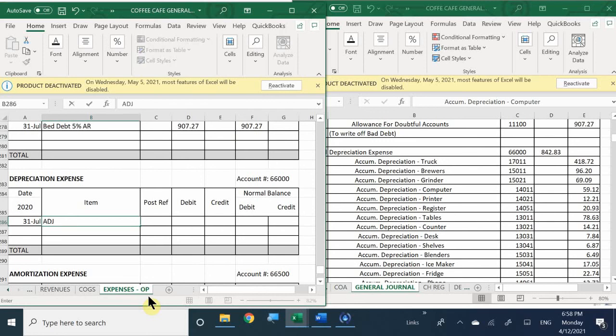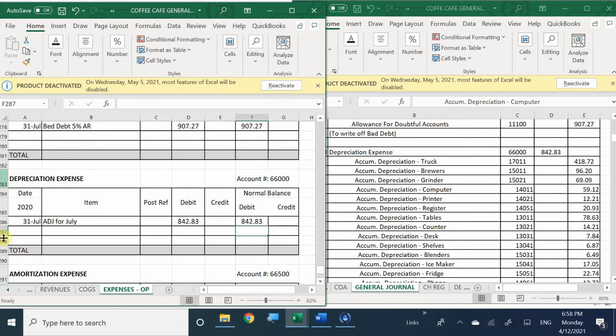It's an adjustment for July. Okay, and here we're going to debit the account for a grand total of $842.83. Okay, so there you go. Boom, my depreciation expense is for $842.83. Okay.